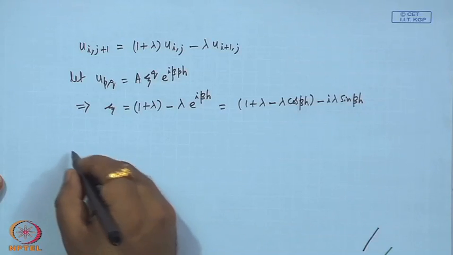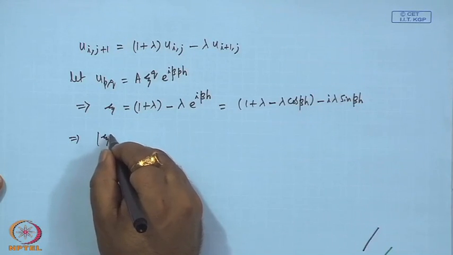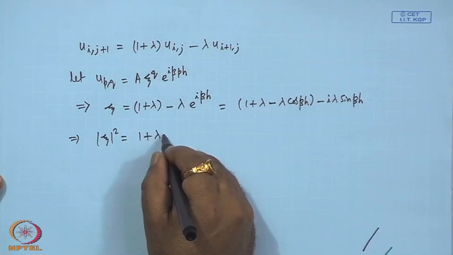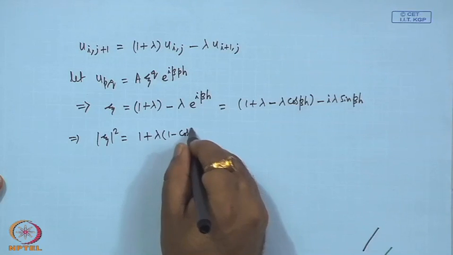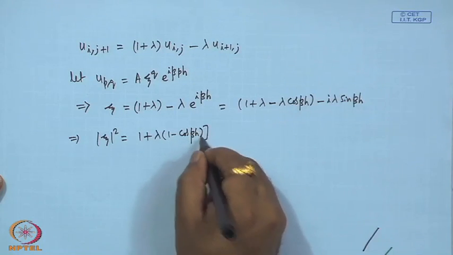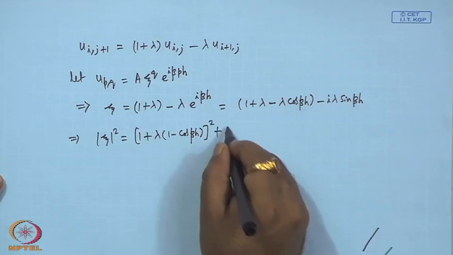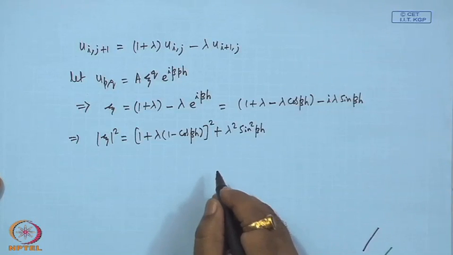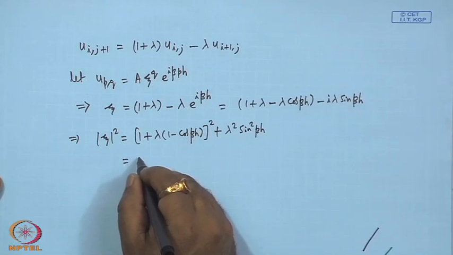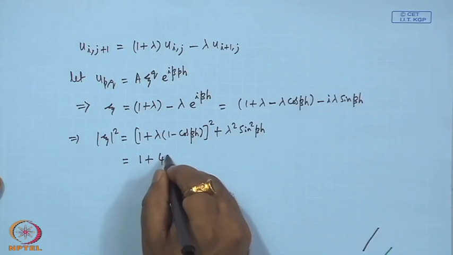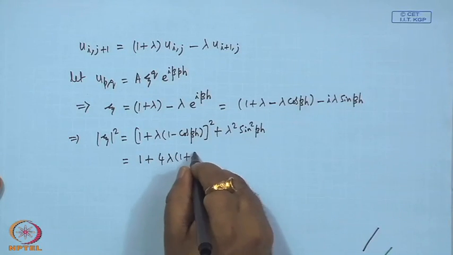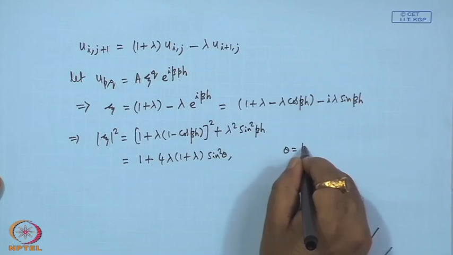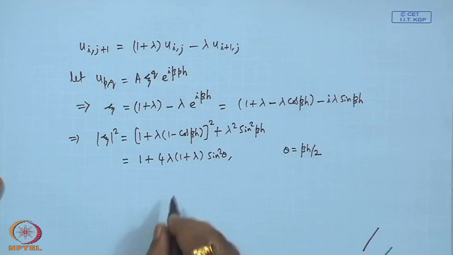Okay. This can be simplified. Now, the mod square of zeta can be simplified, where theta is beta h by 2.